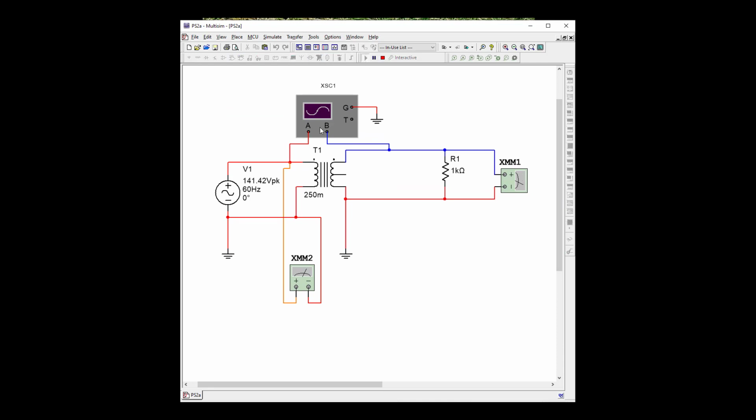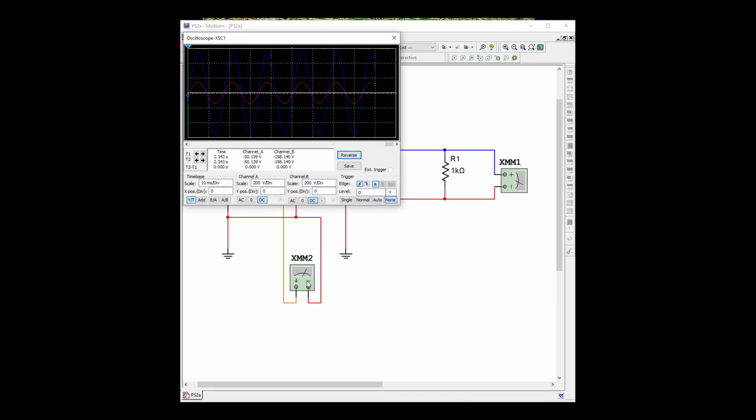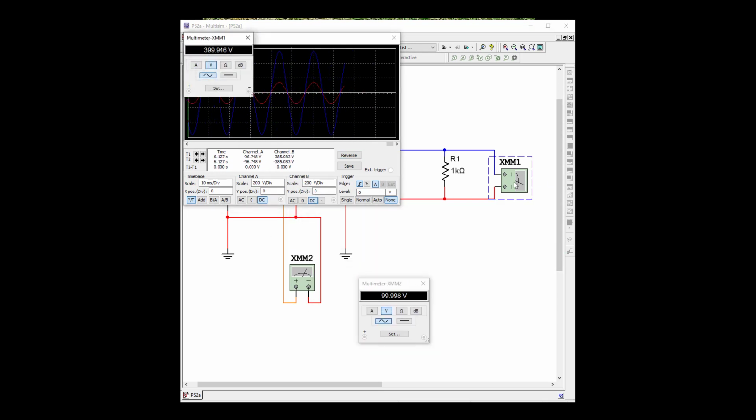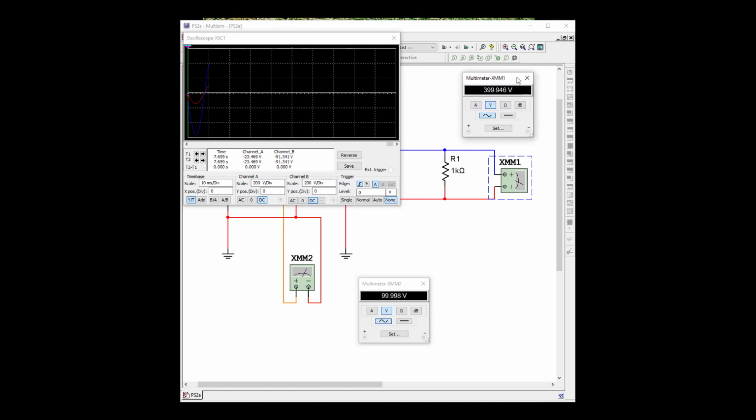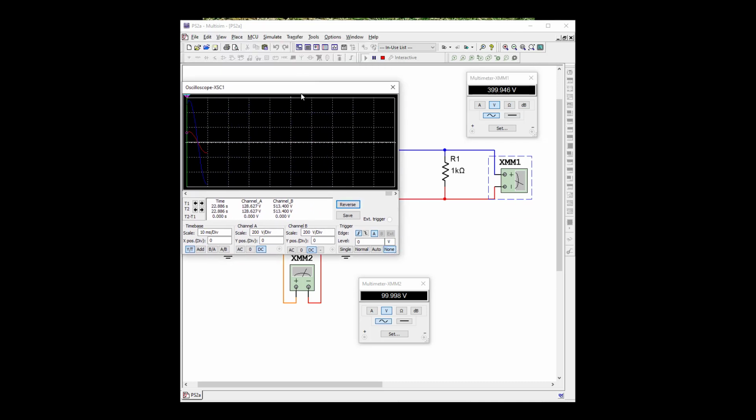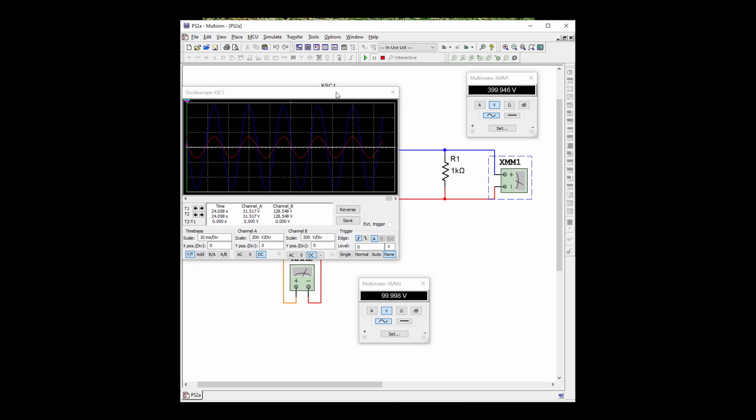So let's start it up. Both of these DMMs are measuring RMS, root mean squared, which is an average of our sine waves. So let's pause this so we can take a look at our scope.